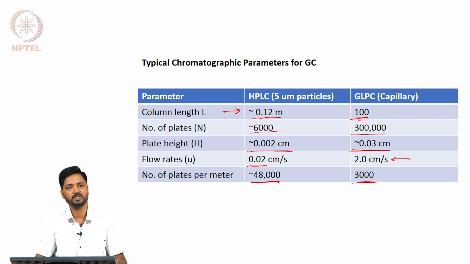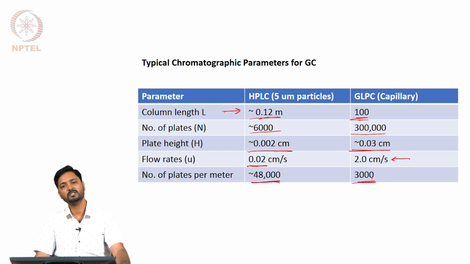Nonetheless, as mentioned earlier, the column length in the liquid chromatography systems is restricted, and this is where gas chromatography systems take advantage of utilizing long columns for achieving efficient separations.